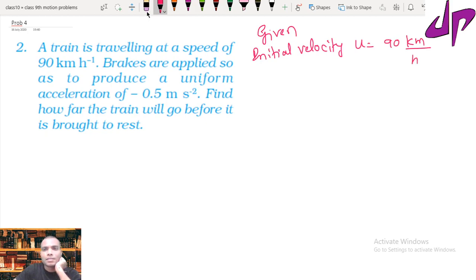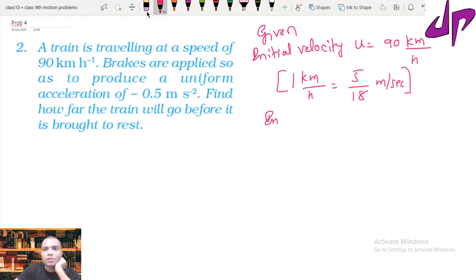And we will convert that into meter per second, because 1 km per hour equals 5 by 18 meter per second. Whenever we solve problems, we always convert kilometer per hour to meter per second. So this is the conversion rate.